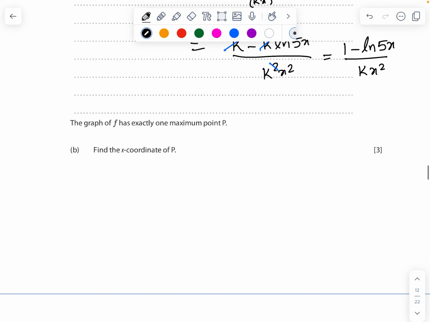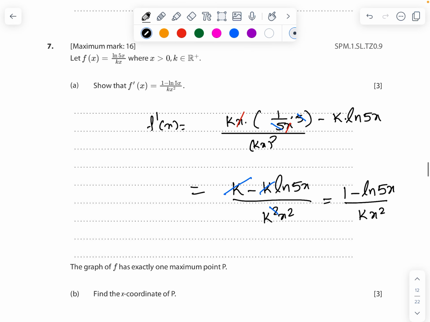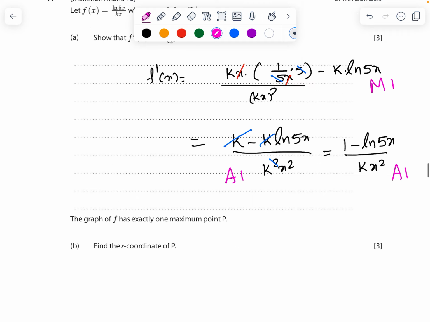That's what has been asked. So before that, what are the marks for this one? This is method 1 mark and a 3 marks question. So we get it over here, accuracy 1 mark and accuracy 1 mark.